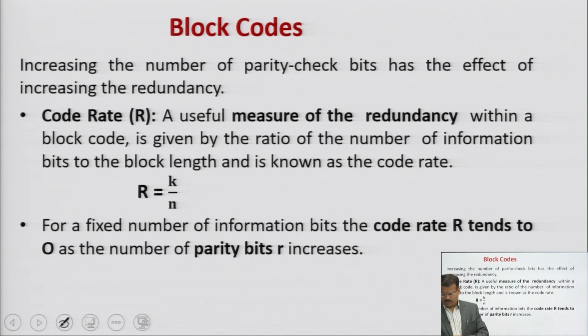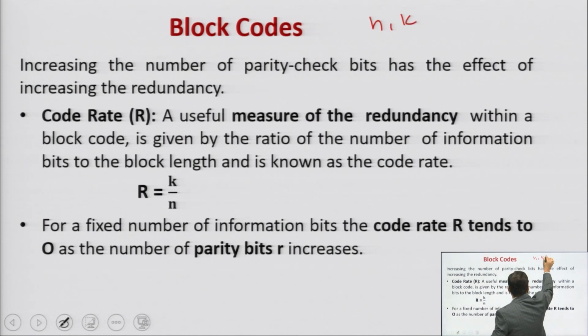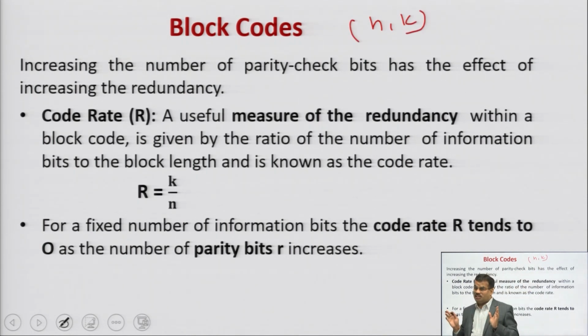Next we will see the block code parameters. In an (n, k) block code, k is our input information bits that we have taken initially, and from the k information bits we have to generate a block code of n bits.